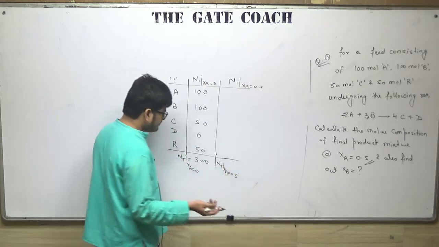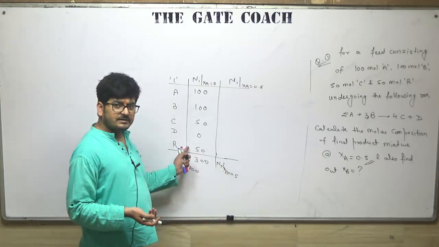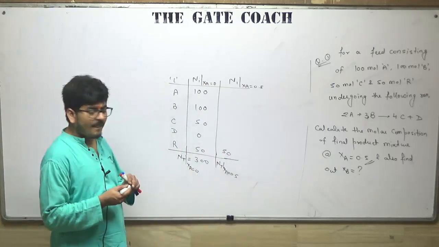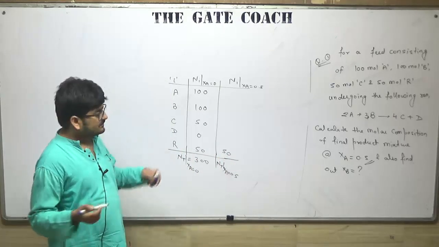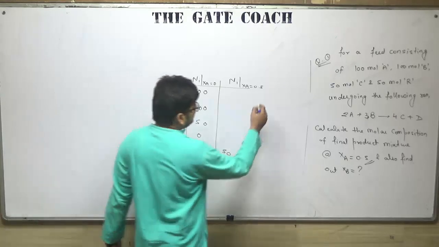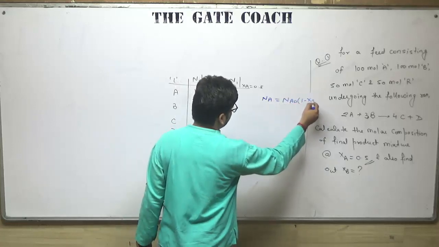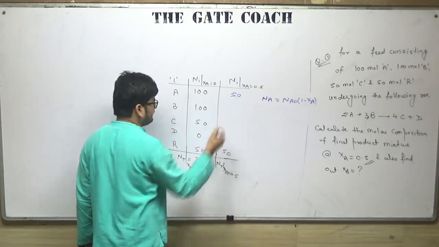Since R is the inert, the amount of inert will remain the same, that is 50. For A, we know that Na is equal to Na naught times 1 minus Xa, so it will be 50 simply.